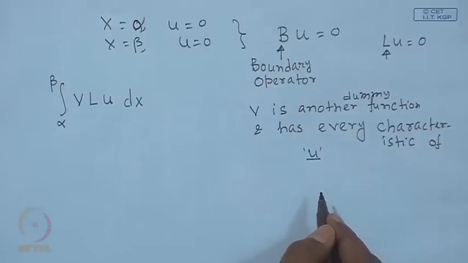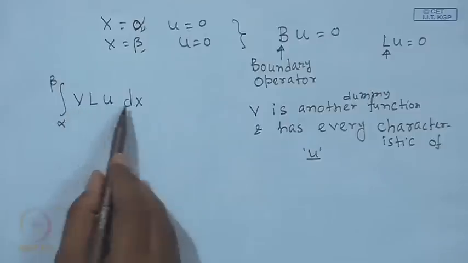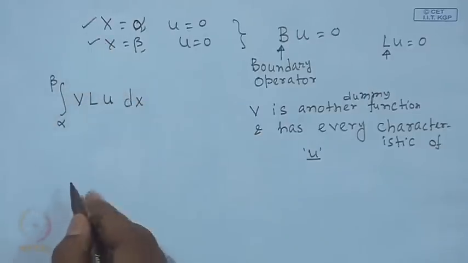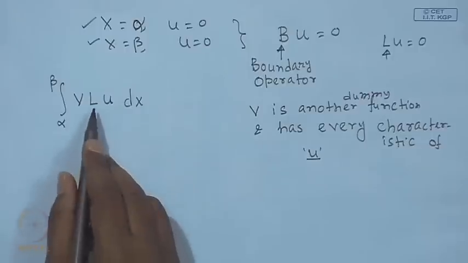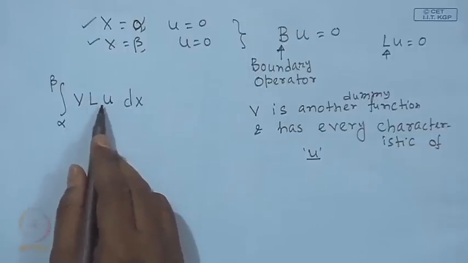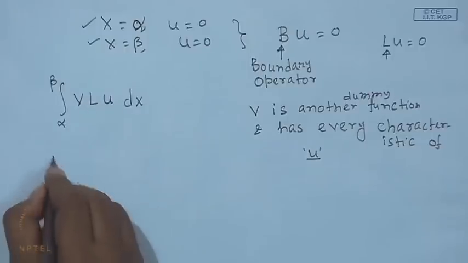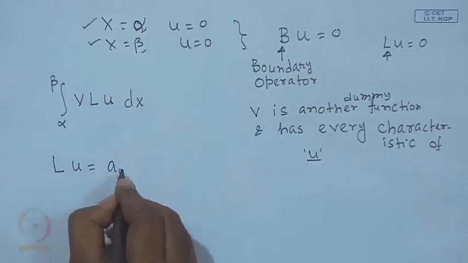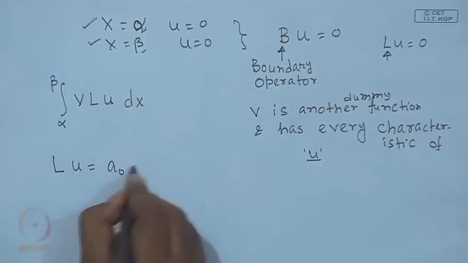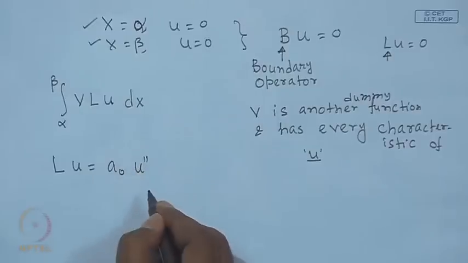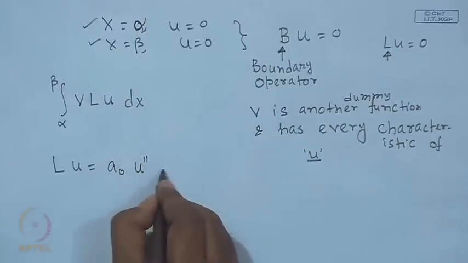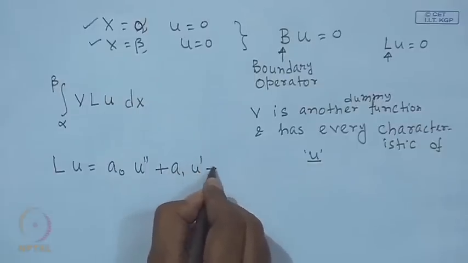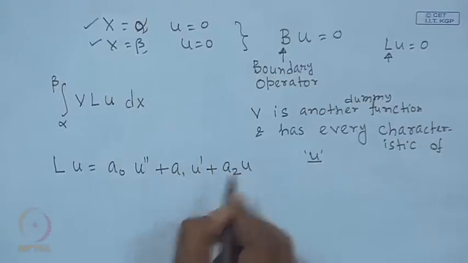So, we consider this integral over the domain of x from alpha to beta, and we put in the expression of Lu. If you remember, the expression of Lu is nothing but a0 d²u/dx², which we write as u double prime, plus a1 du/dx, which we write as u prime, plus a2 u.